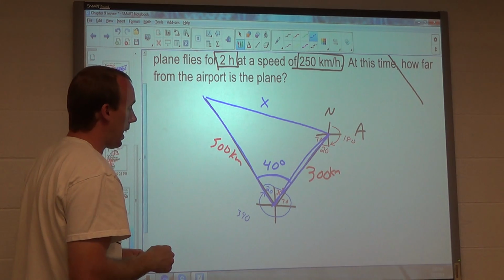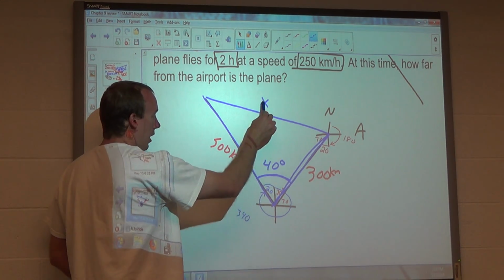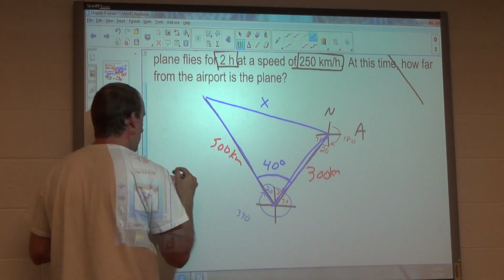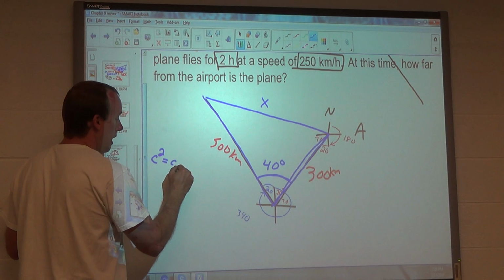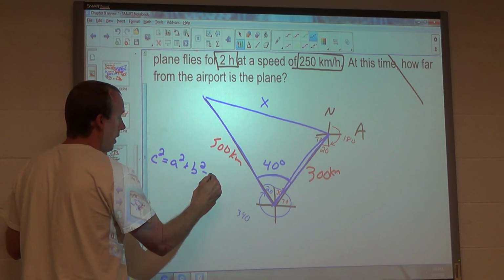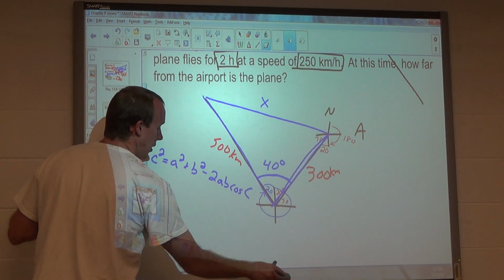So, can I use law of sines? Can't use law of sines because I don't have an angle on its opposite. I'm going to do law of cosines again. So c squared equals a squared plus b squared minus 2ab cosine of c.